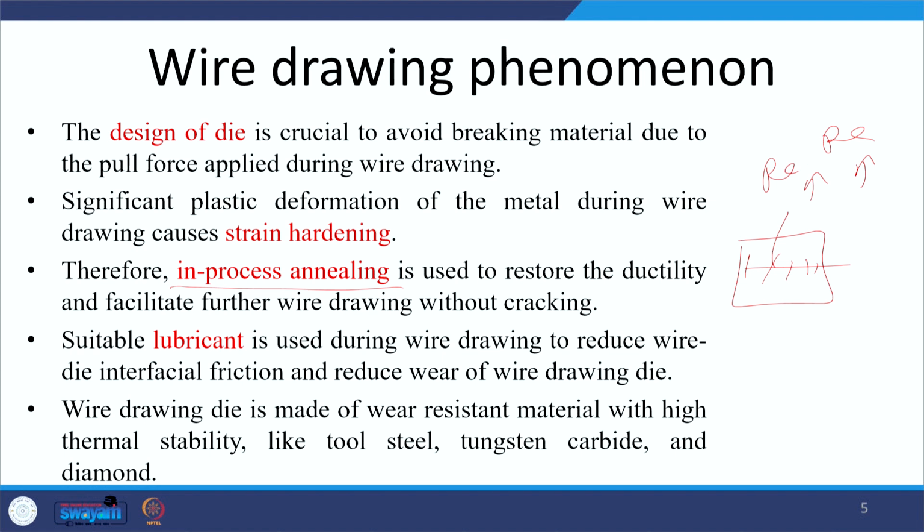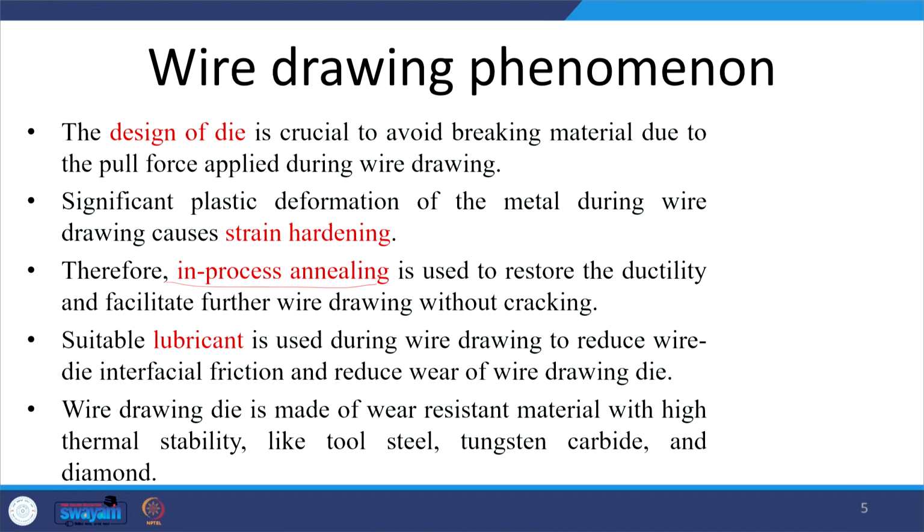So, basically when the material loses its ductility and significant increase in yield strength takes place, then to make it further suitable for the wire drawing, in process annealing is carried out, which through the recovery and recrystallization will be restoring the ductility, and which will allow further wire drawing in the subsequent stages without cracking of the material.